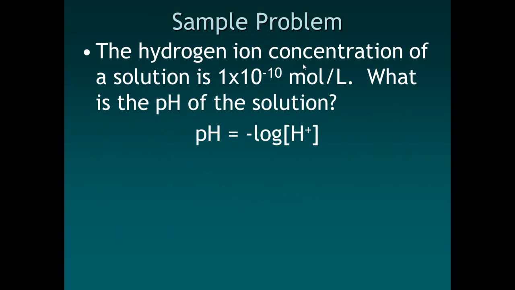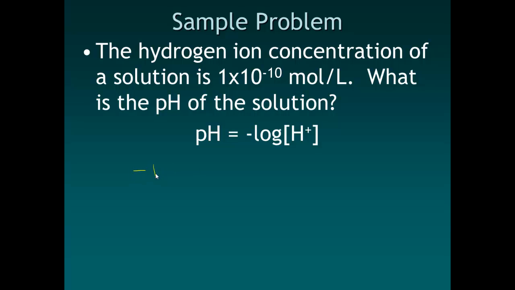So here we go. Hydrogen ion concentration of a solution is 1 times 10 to the negative 10th moles per liter. What's the pH of the solution? Now, this all depends on your calculator. Some of you are going to have to write it one way and some another way. Here's 2 ways to go about it.